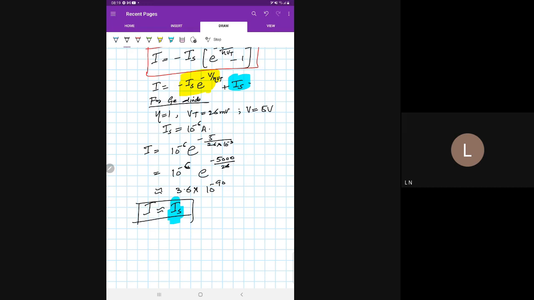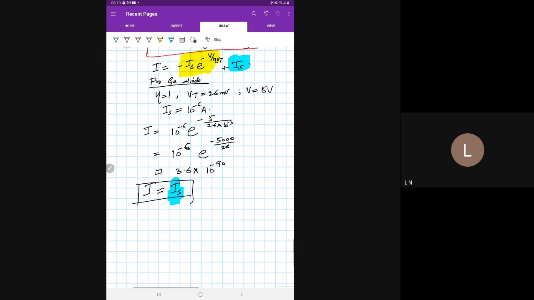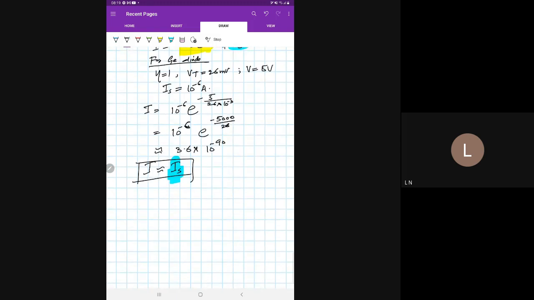So we can say that the current in a reverse bias diode is nearly equal to I of S, which is very small, of the order of 10 to the power minus 6 amperes. That is in microamperes. Second topic, next we move to VI characteristics of a diode.